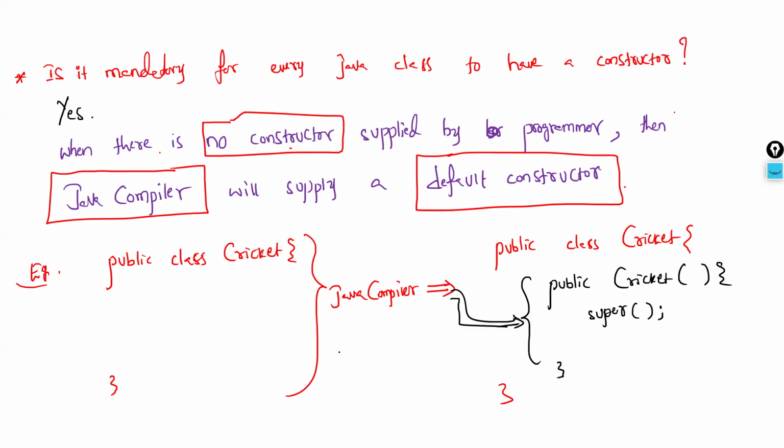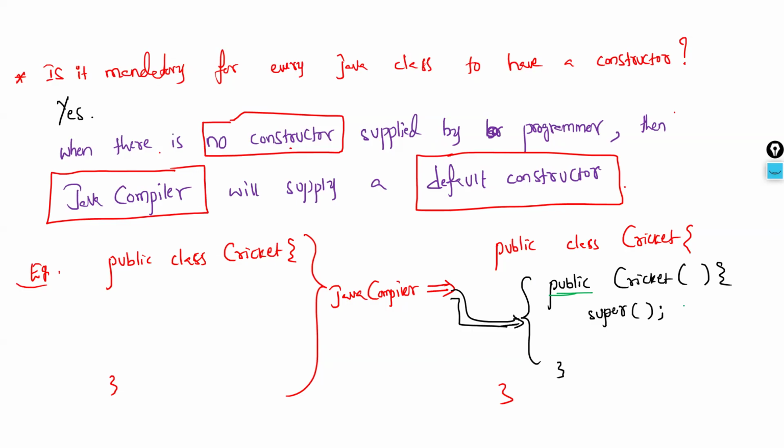This is called a default constructor. When the programmer is not supplying a constructor, the Java compiler will supply a default constructor. The default constructor syntax is: the access modifier, and the constructor name is the same as the class name. Any parameters or no parameters? No parameters. That's a property of a default constructor.